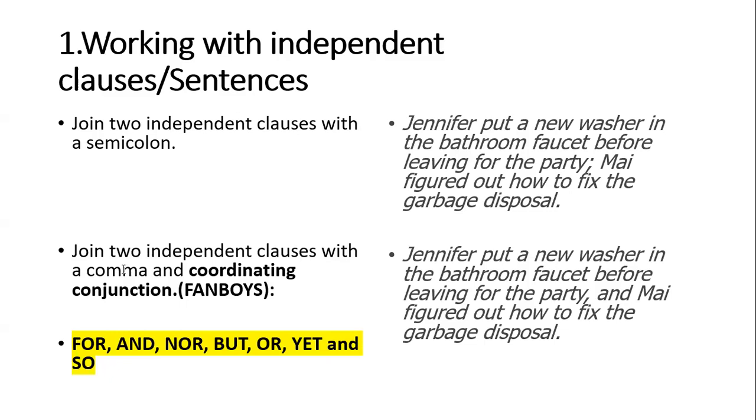Look for the semicolons. If you don't find one, look for the comma and FANBOY in the options. You have these examples. Two ideas joined together only using semicolons. If you don't find the period, you'll also look for comma and FANBOYS. That's how you join two independent clauses.